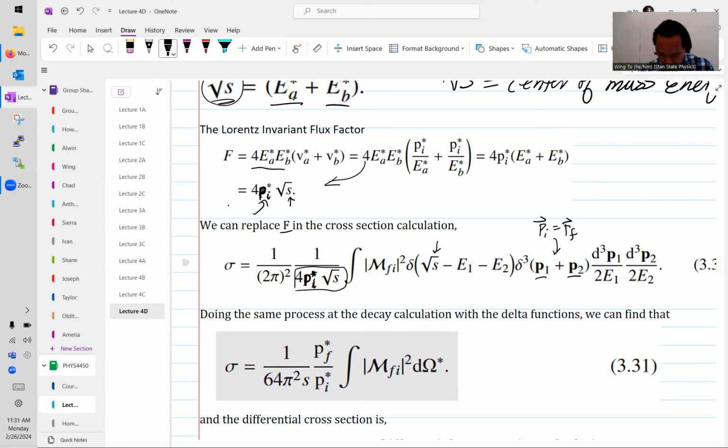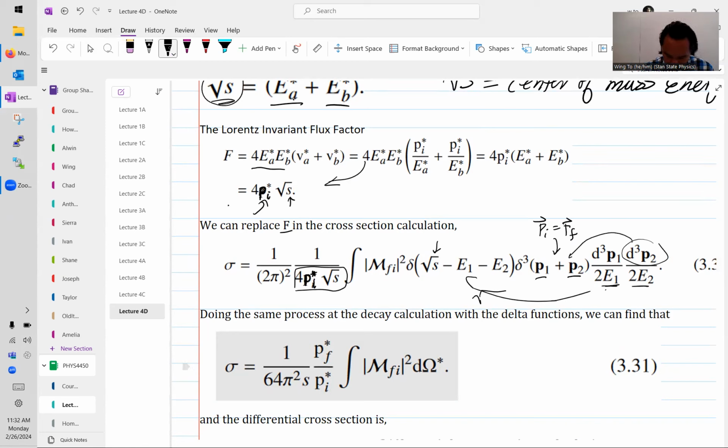Evaluating this integral is very similar to the process we did for the decay calculation, where we knock out one of the d^3p_2 by enforcing this delta function. And then we replace all these E_2s in terms of square root of a bunch of momenta and masses, and then we can actually enforce this delta function.